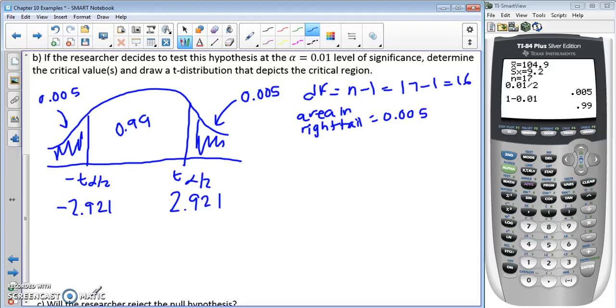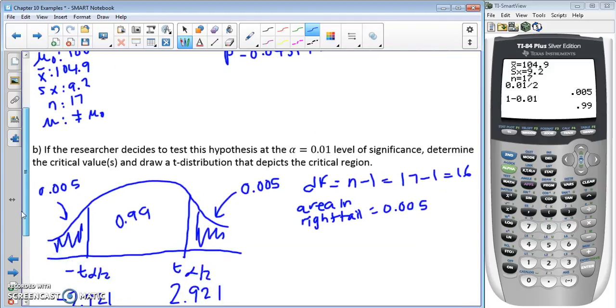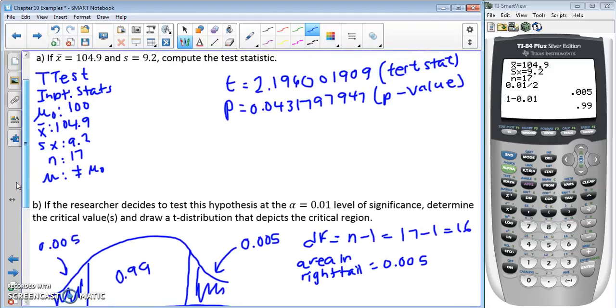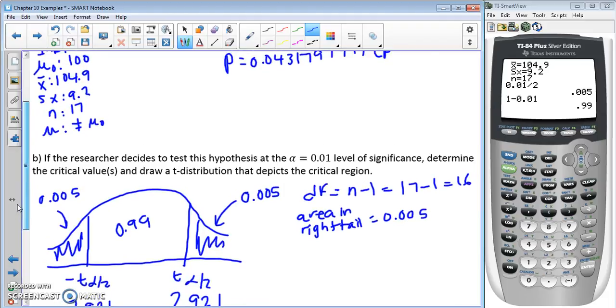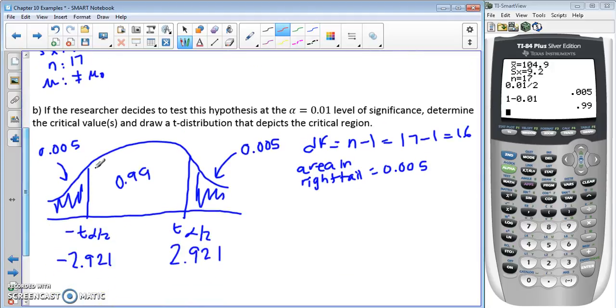So we now want to know if the researcher will reject the null hypothesis. So we're going to compare our test statistic with those values. So where does 2.196 fall, or 2.20? So 2.20 falls roughly somewhere about here, right?